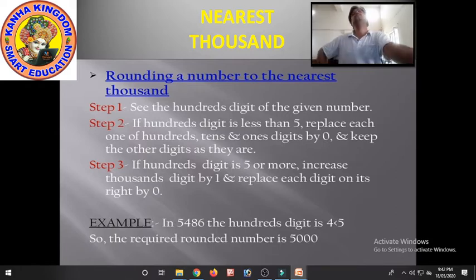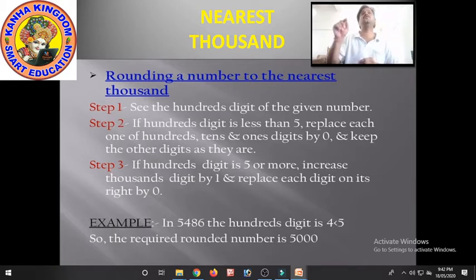In this number 5486, see the 100s digit. The 100s digit is 4, and 4 is less than 5, so you have to convert the 100s digit, tens digit and ones digit to 0, and the rest of the number stays the same.